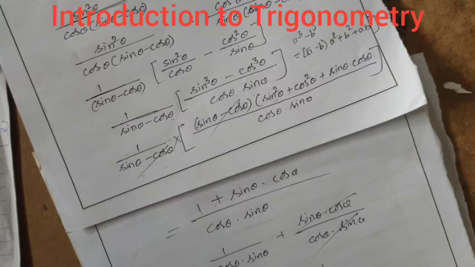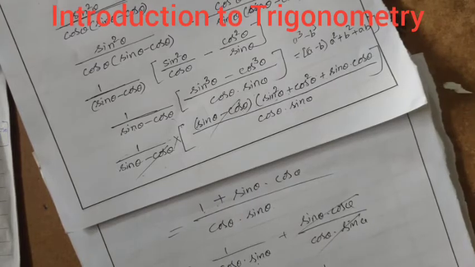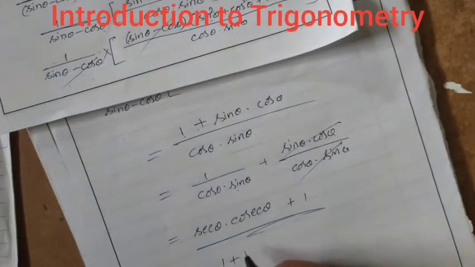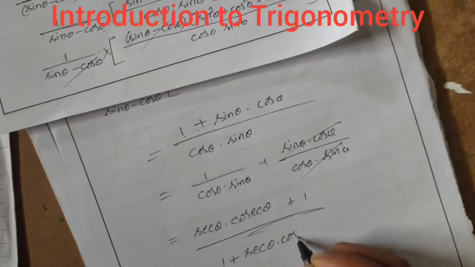Next, what is the reciprocal of cos? 1 by cos theta means sec theta. 1 by sin theta becomes cosec theta. So you can write this in the form of 1 plus sec theta into cosec theta.